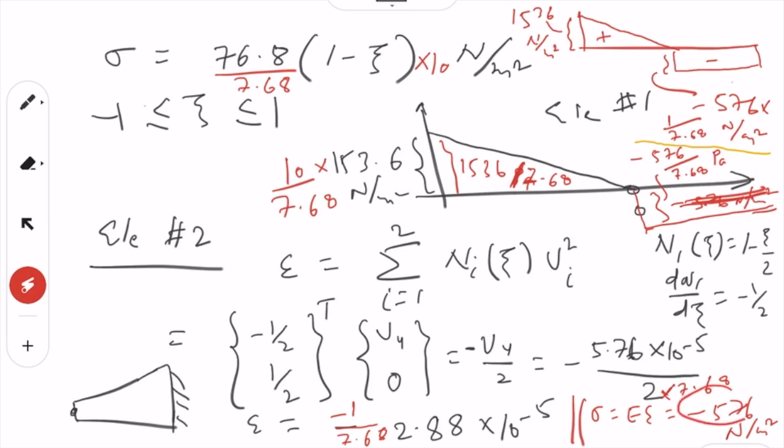So the actual sigma will be divided by 7.68. We also have to scale here, we forgot to divide by 7.68 because that was the mistake we made.